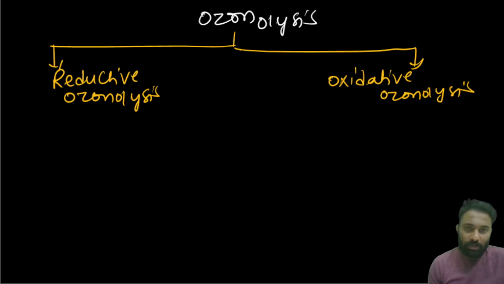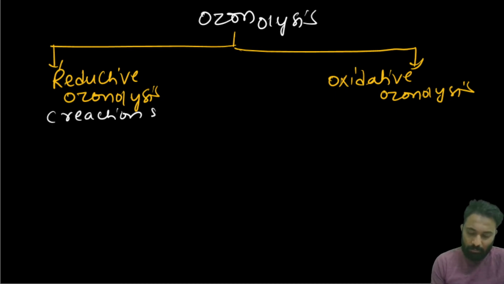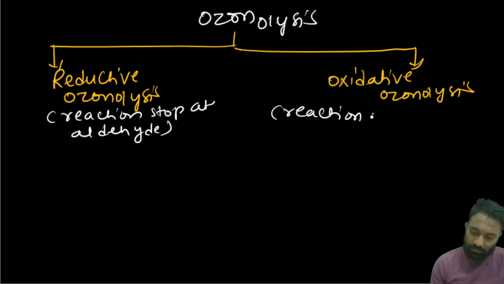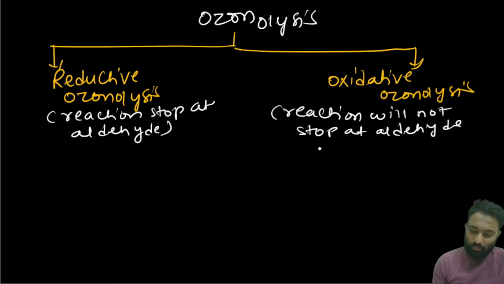In the reductive ozonolysis, the reaction stops at the aldehyde. In the oxidative ozonolysis, the reaction will not stop at the aldehyde; it moves to carboxylic acid.